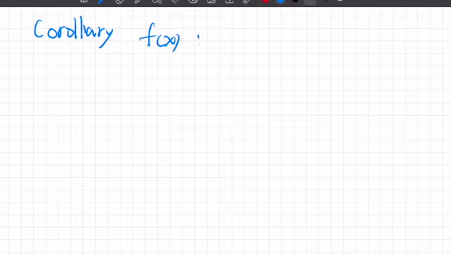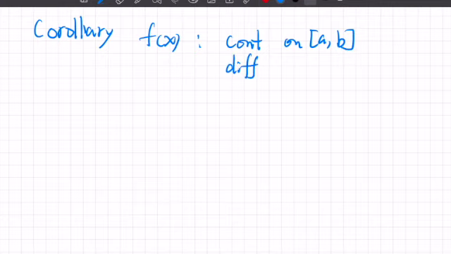Again, we assume that f of x is continuous on this closed interval and differentiable on this open interval.